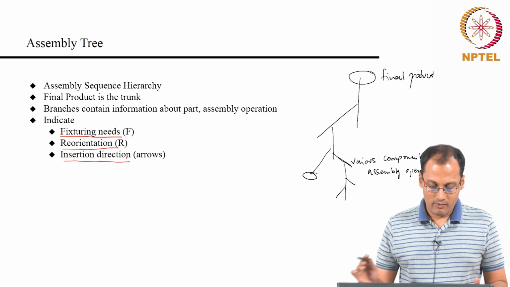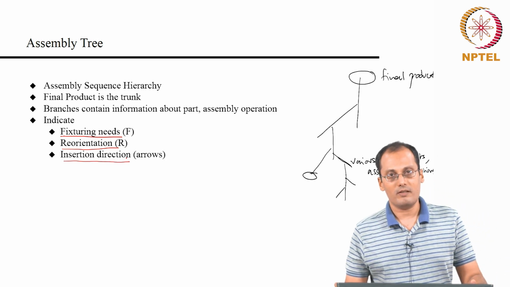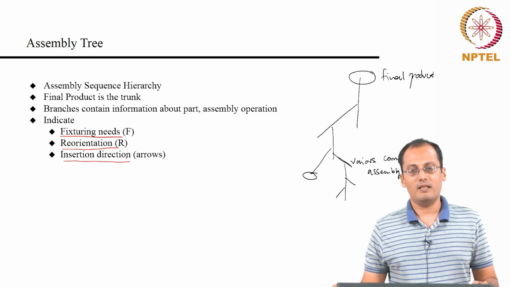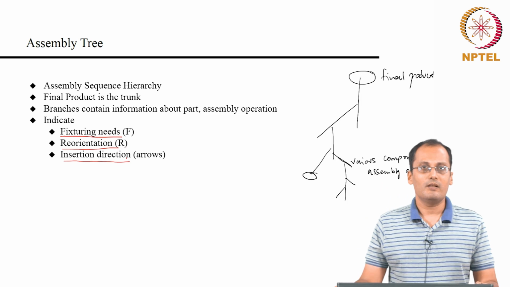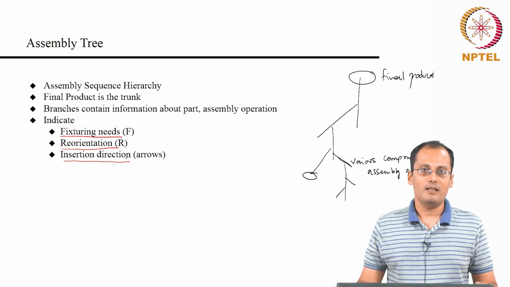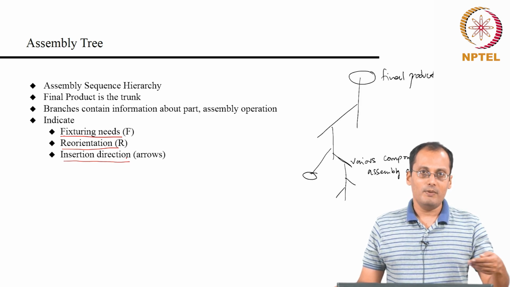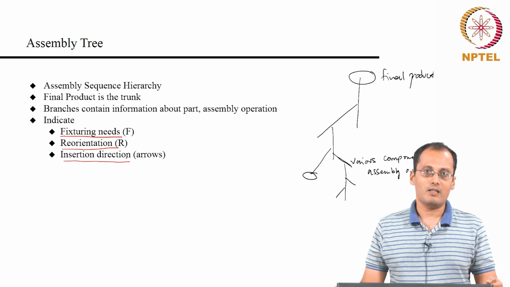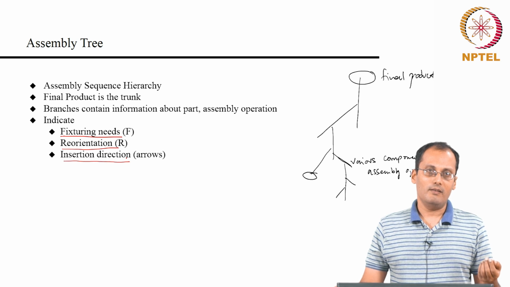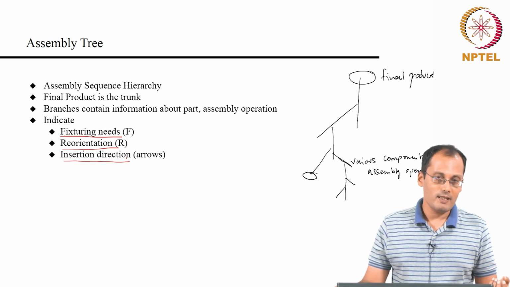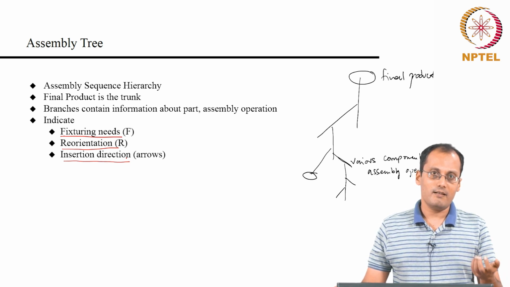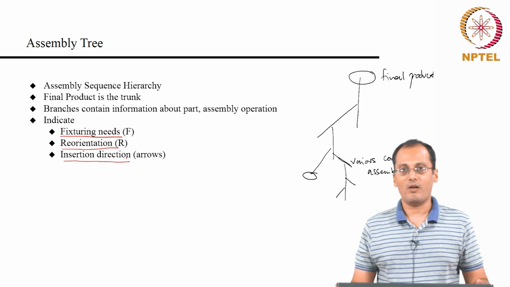And also the degree of difficulty typically depends on insertion direction. A top down approach for insertion is typically the most easily accomplished or the least difficult operation, but when a component needs to be inserted from a transverse direction or from bottom to top, we can see that there are difficulties associated with visualizing the assembly interface, as well as the dexterity and the skill that is required to do those operations.